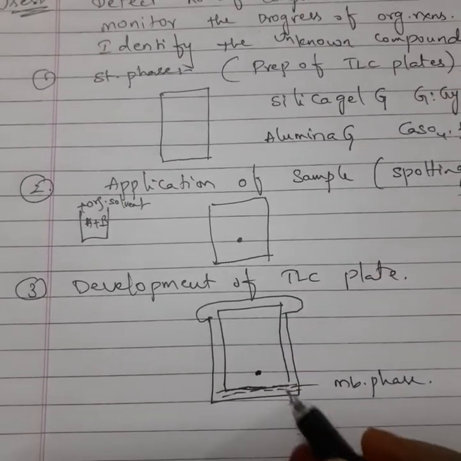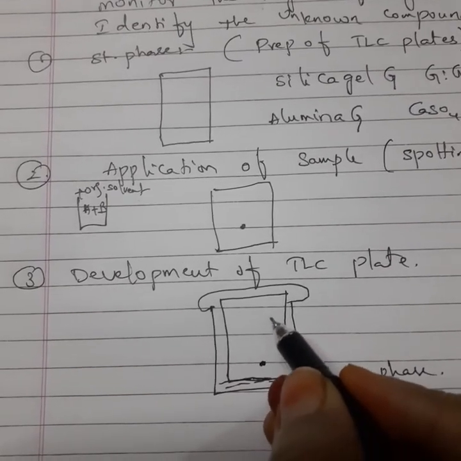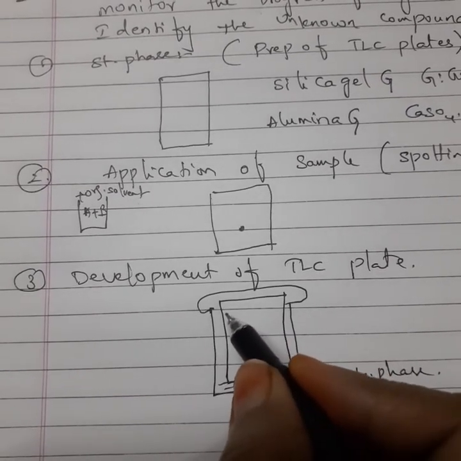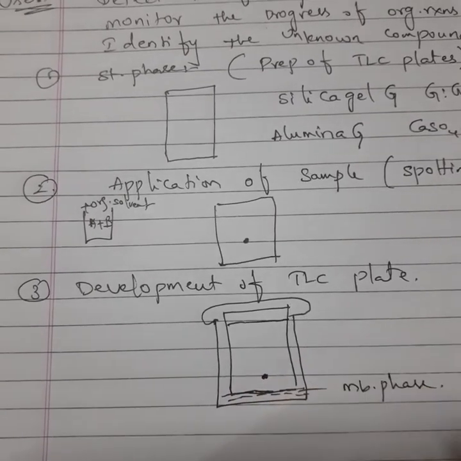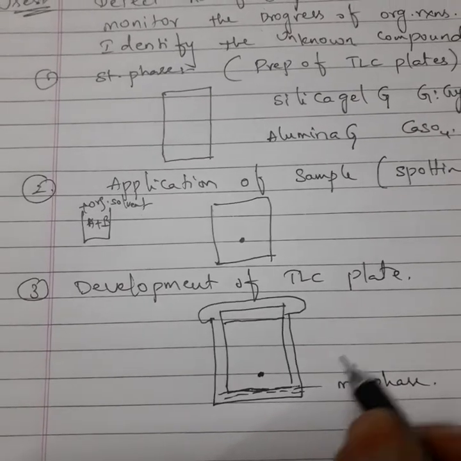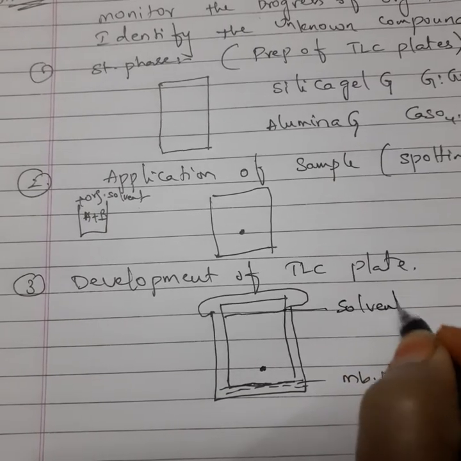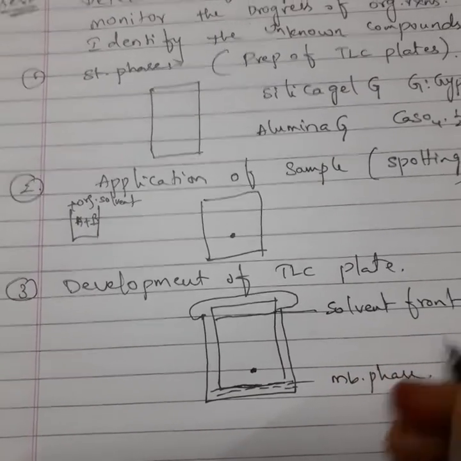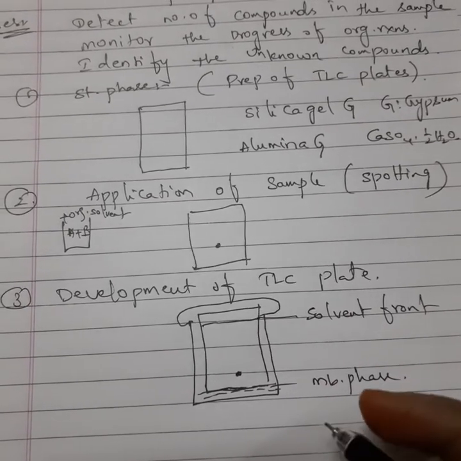After some time, you will observe that the solvent level is moving up, and it reaches around 4 by 5th height of the TLC plate. You need to note it down as the solvent front. This part is called development of the TLC plate.